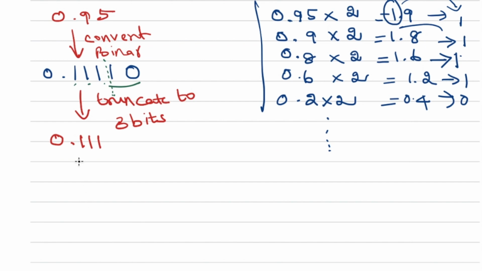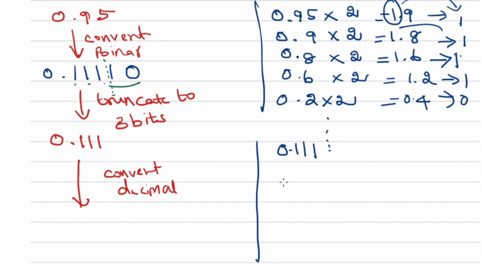Now again this binary value we need to convert to decimal. How will we convert to decimal? So this 0.111 we want to convert into decimal. So 1 into 2 power minus 1, plus 1 into 2 power minus 2, plus 1 into 2 power minus 3.